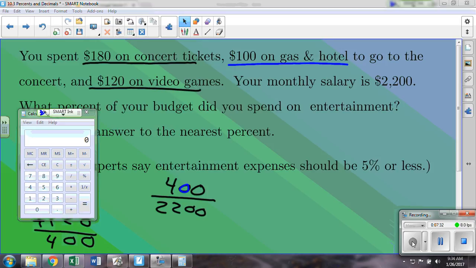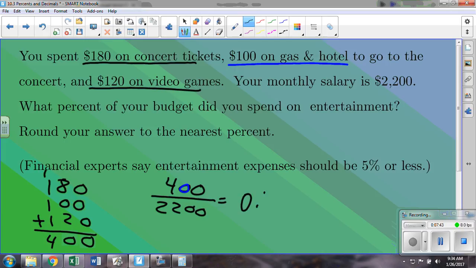So if we turn it into a decimal, 400 divided by 2200, we get the decimal 0.18181818 repeating, and so rounding this to the nearest whole percent, what's that going to be? 18.18181818%. If we wanted to round it to the nearest whole percent, that's 18%. To the nearest tenth, it would be 18.2%.